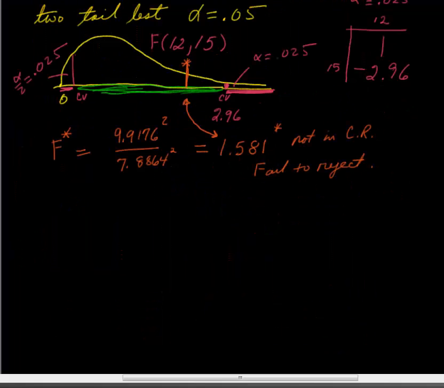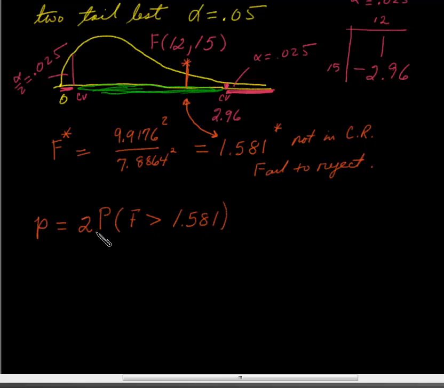We could use our calculator and come up with a prob value. So if we were to do that, my prob value would be equal to 2 times the probability that F is greater than the observed value of F, 1.581.